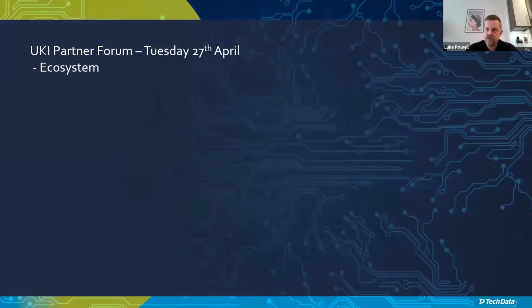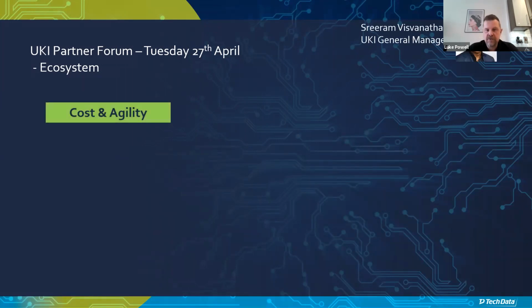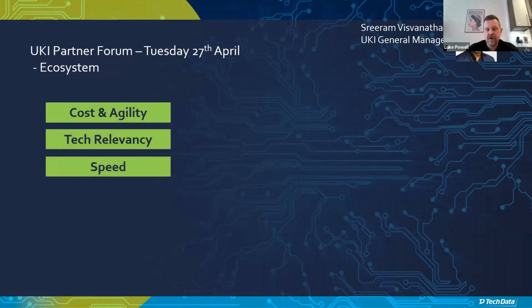I don't know how many of you managed to join the partner forum on Tuesday, but Sriram, who's the UKI general manager for IBM, went through quite a few of the relevant aspects of what customers are looking at today.